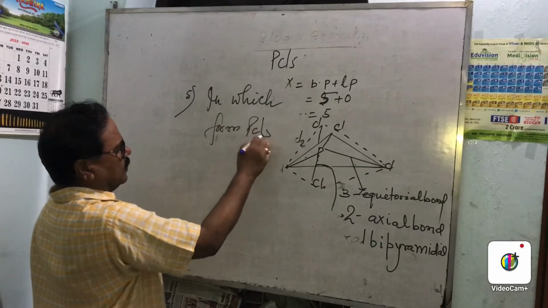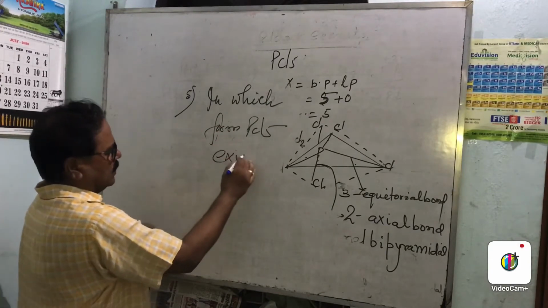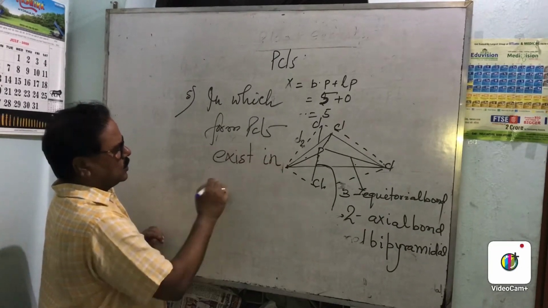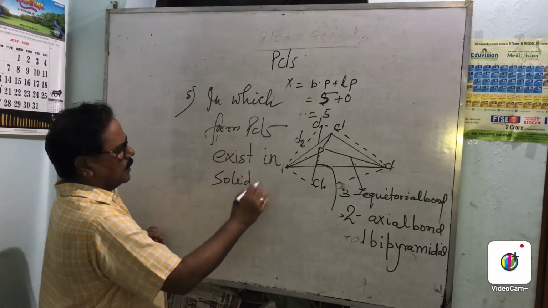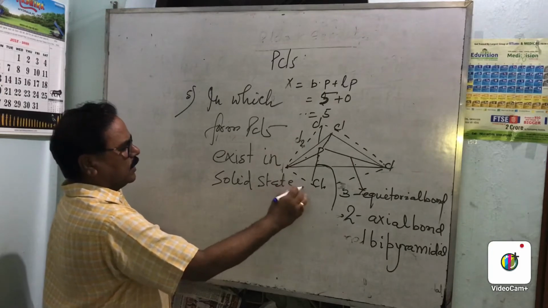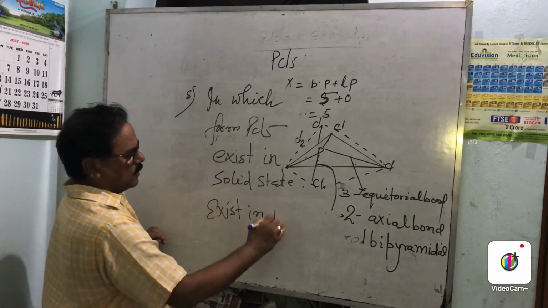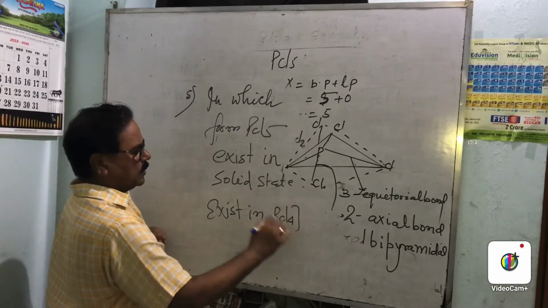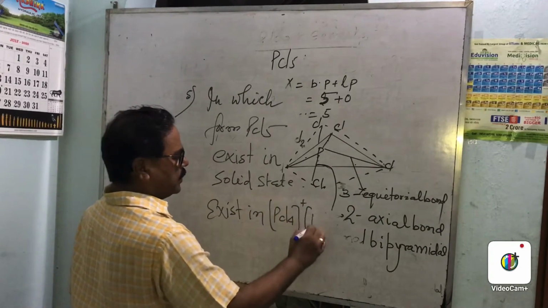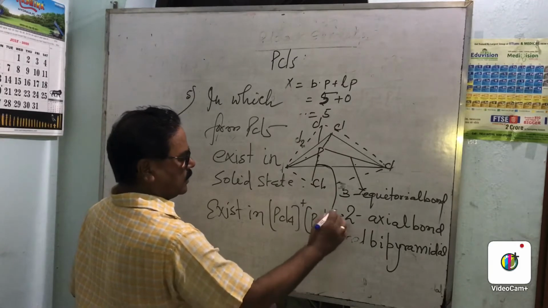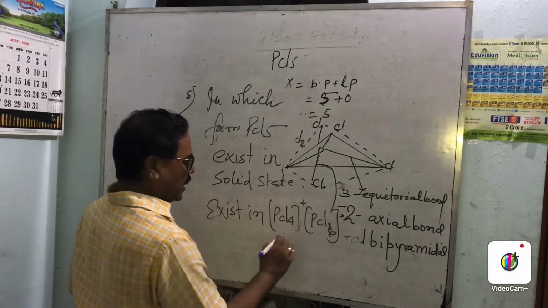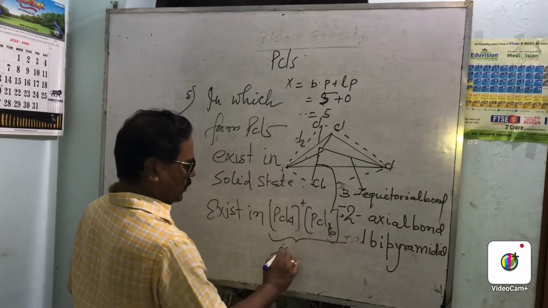It exists as PCl4 plus and PCl6 minus, and these compounds are ionic.